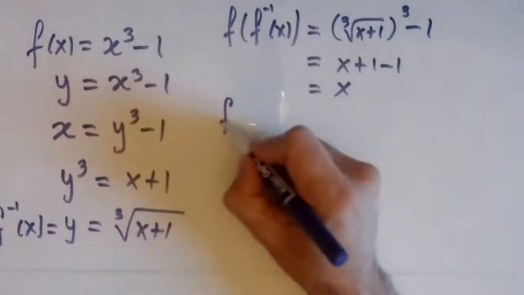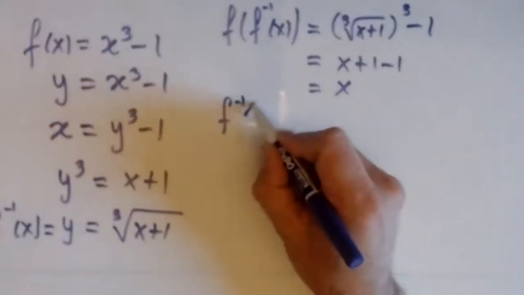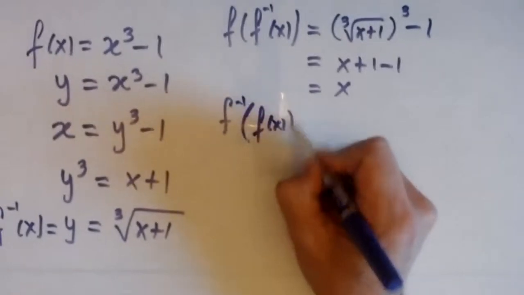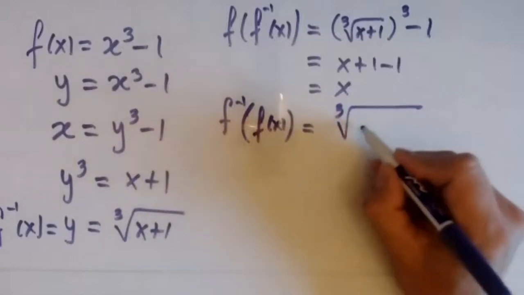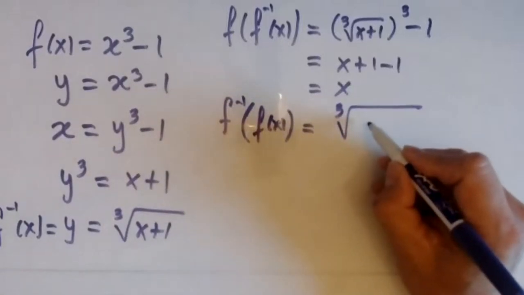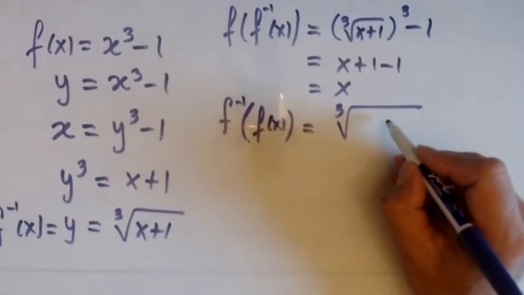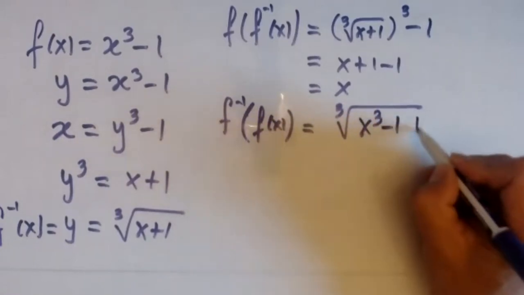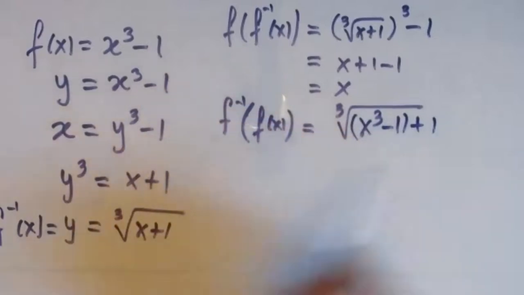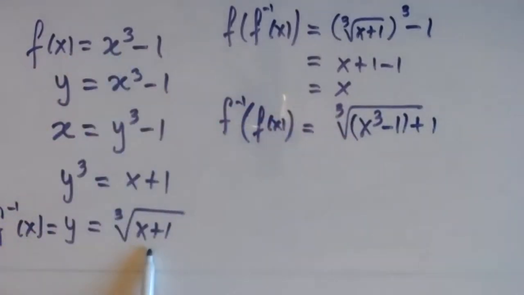Then I can do the composition f negative 1 of f of x. And this is going to be the cubic root of x cubed minus 1 plus 1. So I have to put this one here inside.